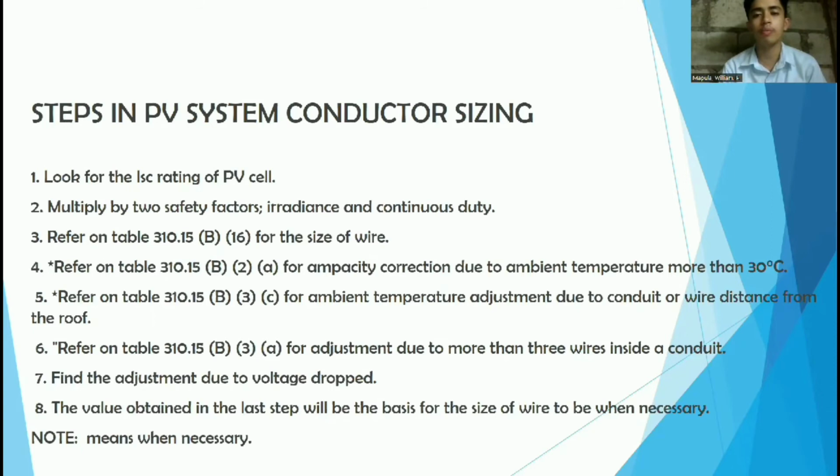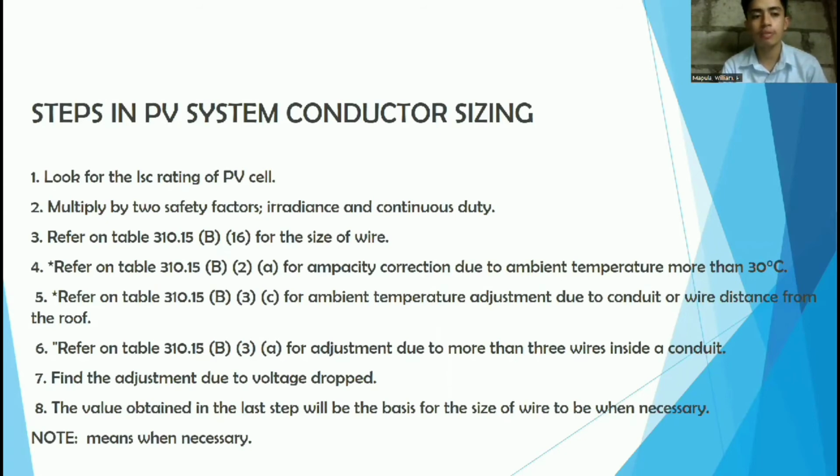Itong paraan para ma-compute natin yung wire size na gagamitin. First is look for the ISC rating of PV cells. Number 2, multiply by 2 safety factors, irradiance and continuous duty. Number 3 refers to table 310.15 B16 for the size of wire.